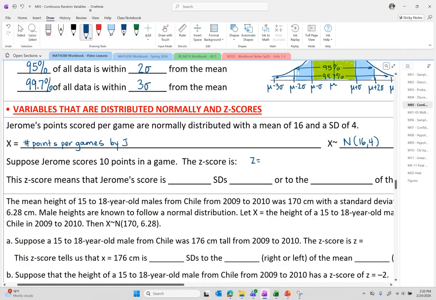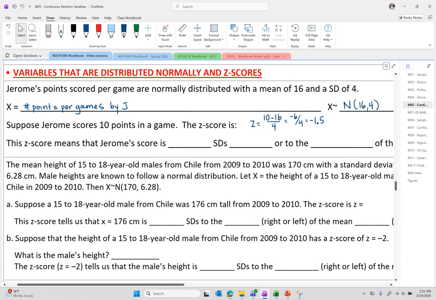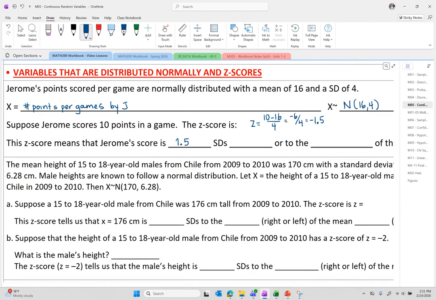So the value of x is 10 minus the mean, which is 16, divided by the standard deviation, which is 4. This is negative 6 divided by 4, which is equal to negative 1.5. To interpret this, it means that Jerome's score is 1.5 standard deviations away from the mean, but it is negative, so this is below the mean, or to the left of the mean.